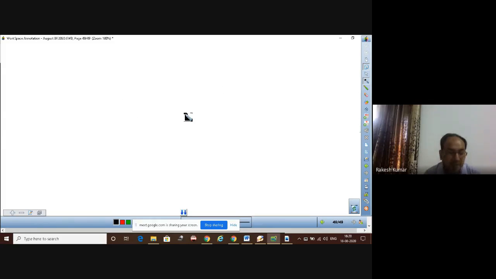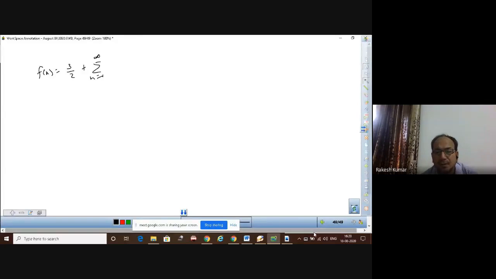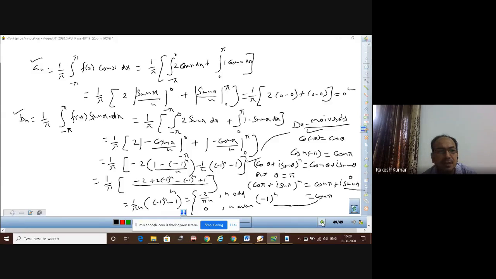Let us put the values of the constants in f of x. The value of a naught comes out to be 3 plus summation n is 0 to infinity, and an is 0. You will see an is 0, and the value of bn is minus 2 over pi n.